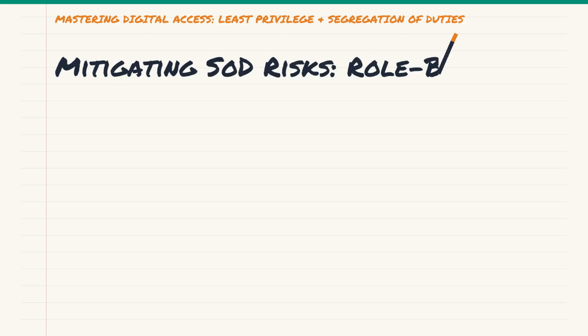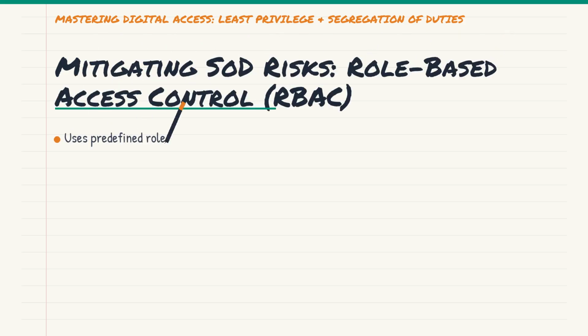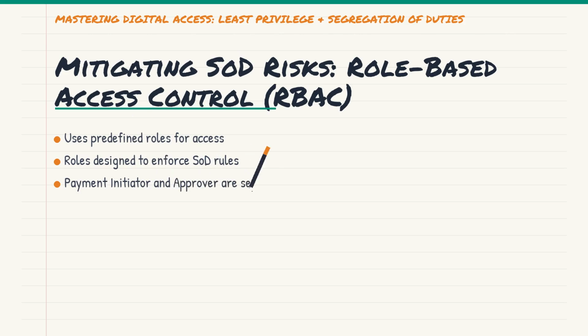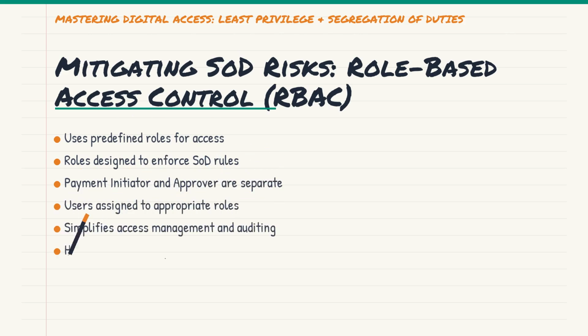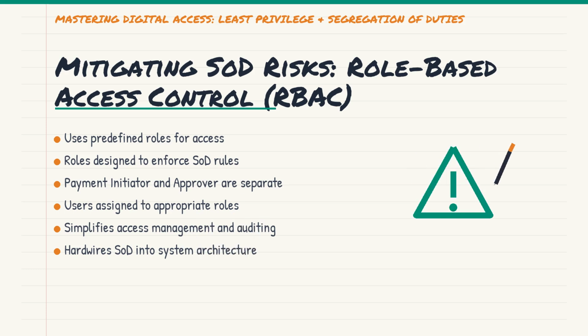One of the most effective ways to mitigate SOD risks is through strong role-based access control, or RBAC. Instead of giving individual permissions to every user, you create predefined roles like accountant, sales manager, IT admin that come with a specific set of privileges. Then, you assign users to these roles.